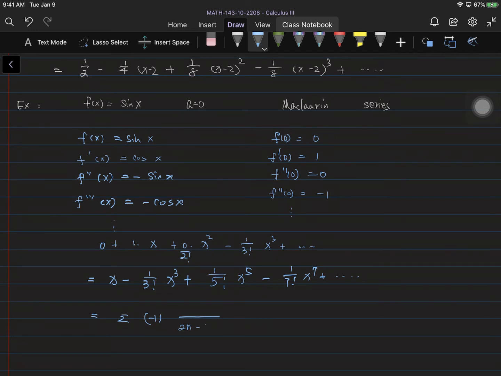So if I say 2n minus 1, x to the power 2n minus 1, they are the same thing. Let's see, the first term is x to the 1, so 2 minus 1, so n should start from 1. And here the sign is (negative 1) to the 2n, because the first term is positive. So this is the sum notation, but if you can just find the terms here, that's okay.